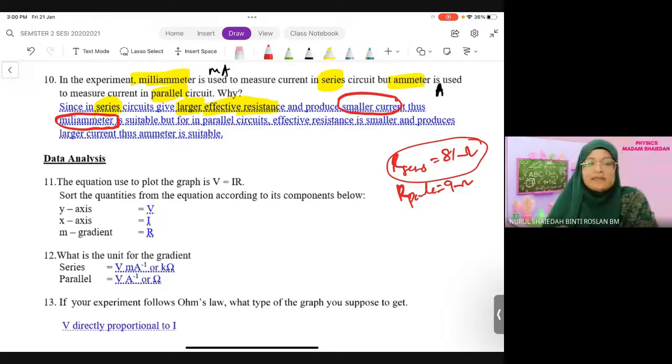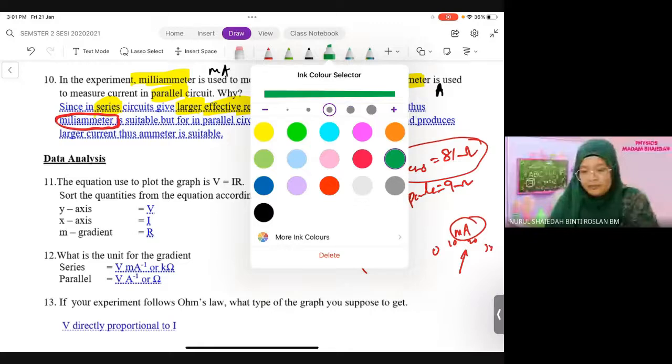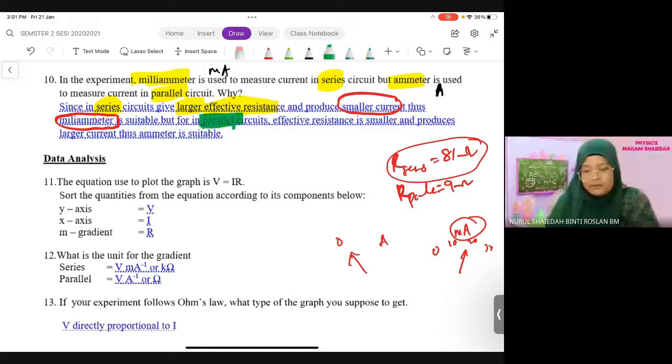Sebab dia menghasilkan current yang very small. Kalau you guna ammeter, you akan dapat bacaan dekat kosong. Maksudnya dia tak boleh nak baca. That's why bila kita ubah milliammeter, ya dia dapat. Sebab ini kosong, 10, 20, 30 tapi dalam milliammeter. Because now your current is very small. But for parallel, dia punya R effective adalah small. 9 ohm tadi.